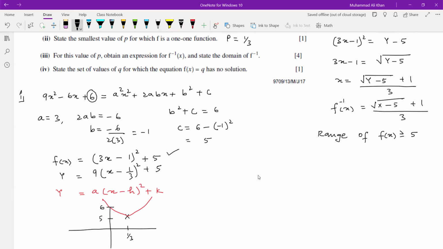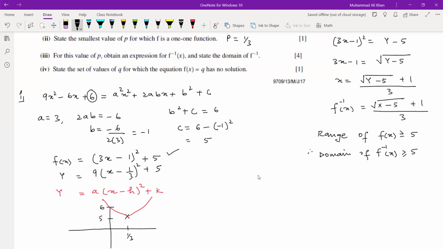Greater than equals to 5। क्या 5 और 5 से ऊपर फंक्शन नजर आ रहा है y axis में? तो पता ये चला range of the function is greater than equals to 5, therefore domain of inverse is also greater than equals to 5। जो range of the function होगा वही domain of inverse हो जाएगा, और जो domain of the function होगा वो range of inverse हो जाएगा। Vice versa चलते हैं दोनों, right?